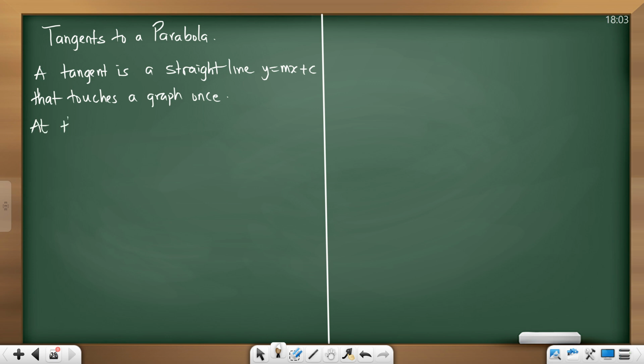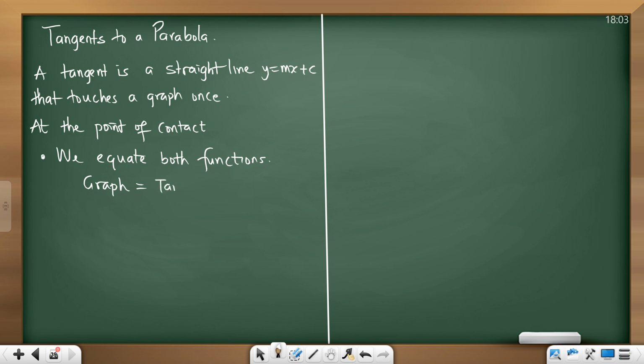Now, at the point of contact, number one, we equate both functions. That's one of the important points. We equate both functions. We're saying the equation of the graph must be equal to the equation of the tangent. We equate because they're points of intersection.